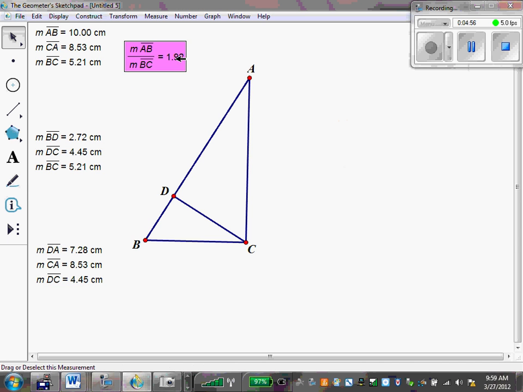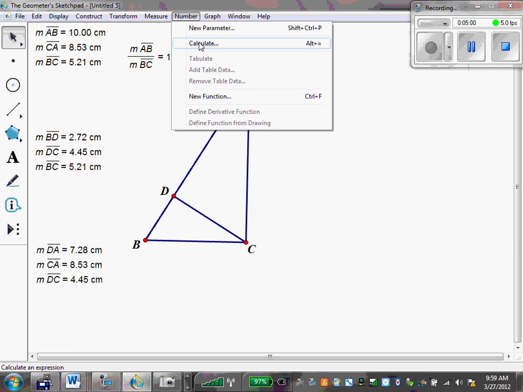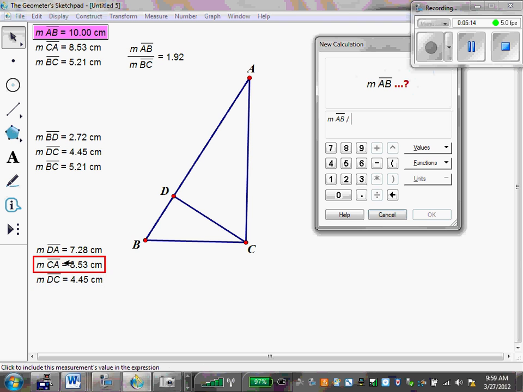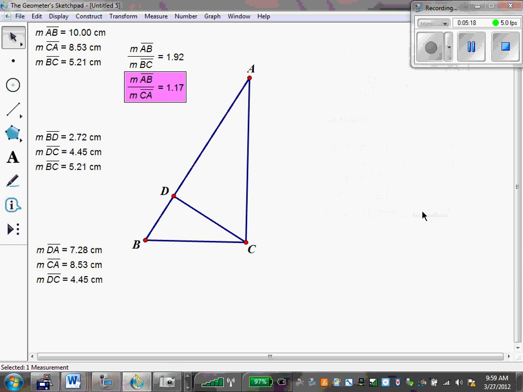I'm going to put this ratio up here. Now I'm going to look at the ratio between AB and the hypotenuse of my other right triangle, which is AC. And then I'm going to look at the third ratio between the two right triangles themselves.